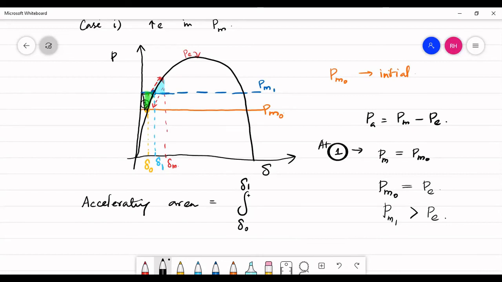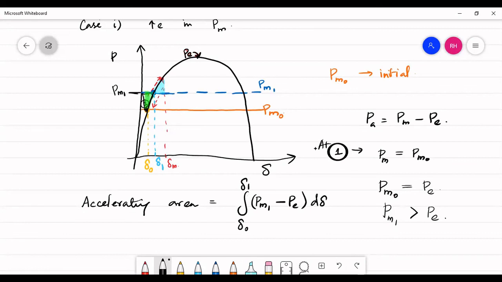And the region is between PM1 and this corresponds to PE, right? So PM1 minus PE is the green color shaded portion.